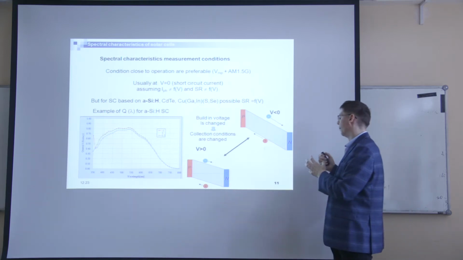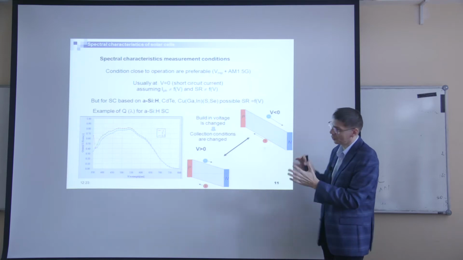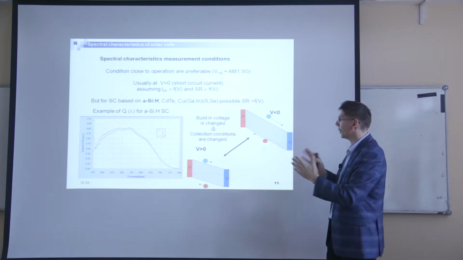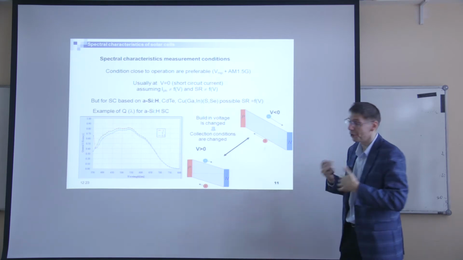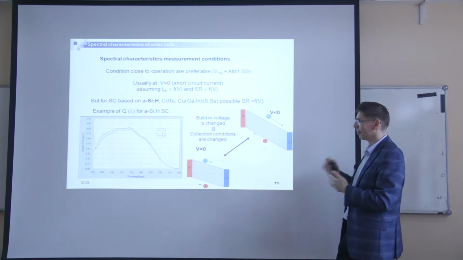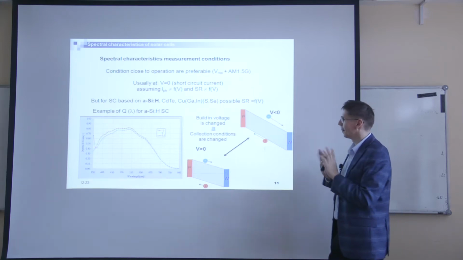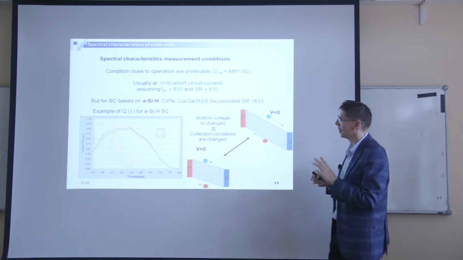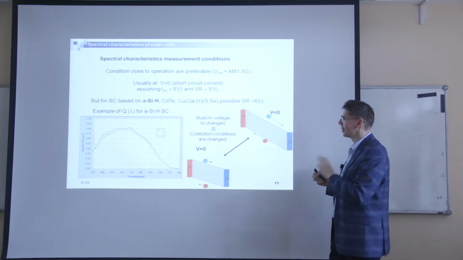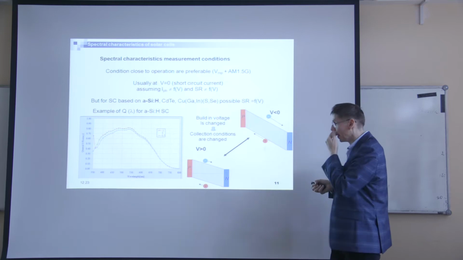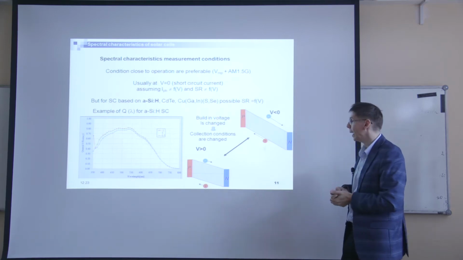If you have a p-i-n junction, your space charge region is smaller, and recombination in the space charge region is lower. So it's a little bit another thing, but I just want to say that a p-i-n junction already means that you have some strong recombination losses in the material, in the volume.